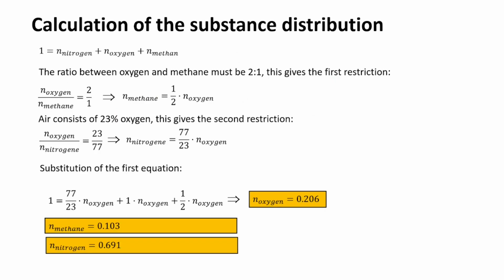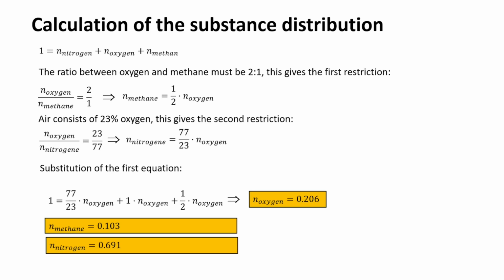Of course, we are talking about air, and this means that the ratio between oxygen and methane must be 2 to 1. This gives the first restriction: we need 2 times more substance of oxygen compared to methane.